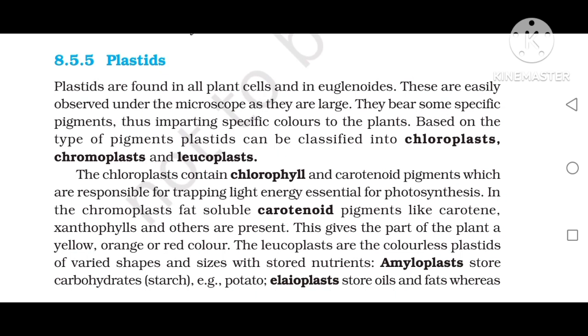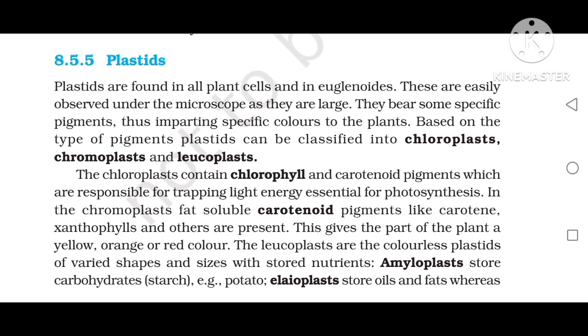The chloroplasts contain chlorophyll and carotenoid pigments, which are responsible for trapping light energy essential for photosynthesis. In the chromoplasts, fat-soluble carotenoid pigments like carotene, xanthophyll and others are present. These give the part of the plant a yellow, orange, or red color.